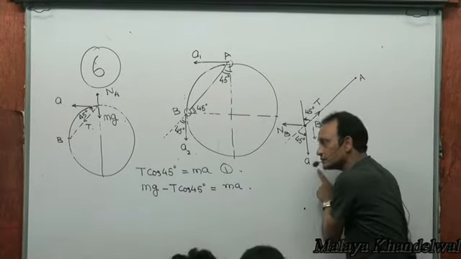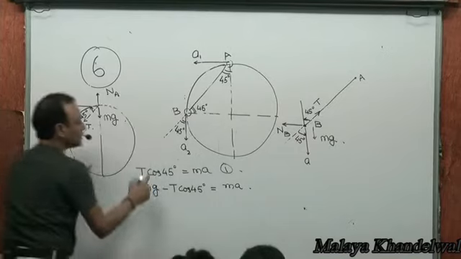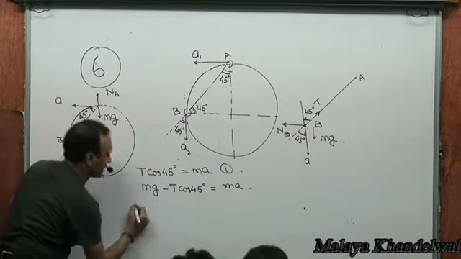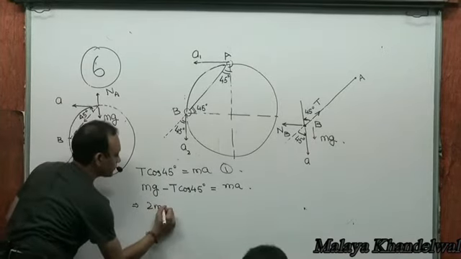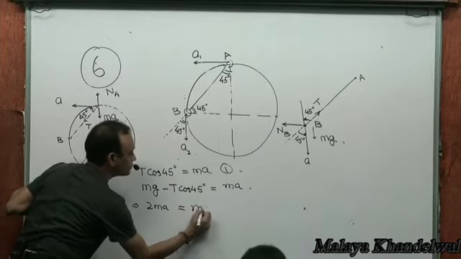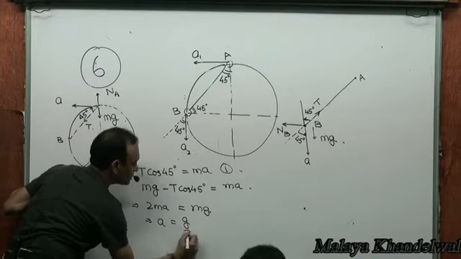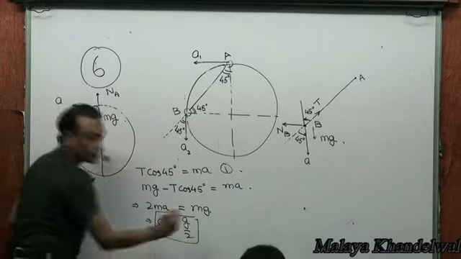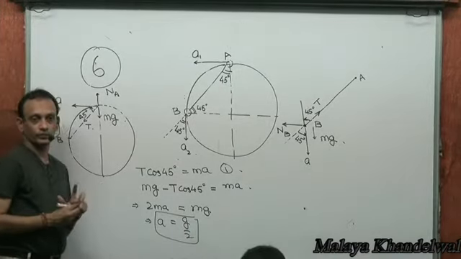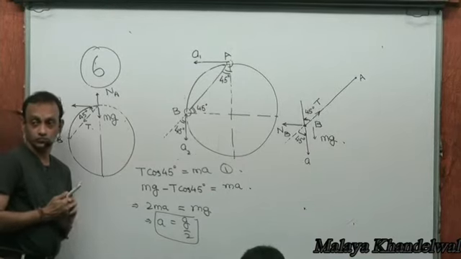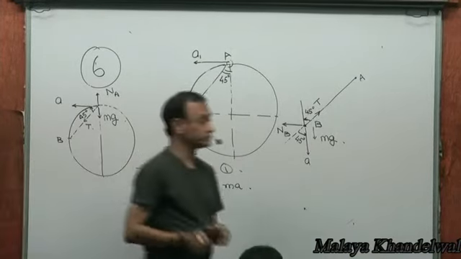Can this be said? Right? Now if I add these two, then I get 2ma is mg, or a is g by 2. Yes or no? Got me?